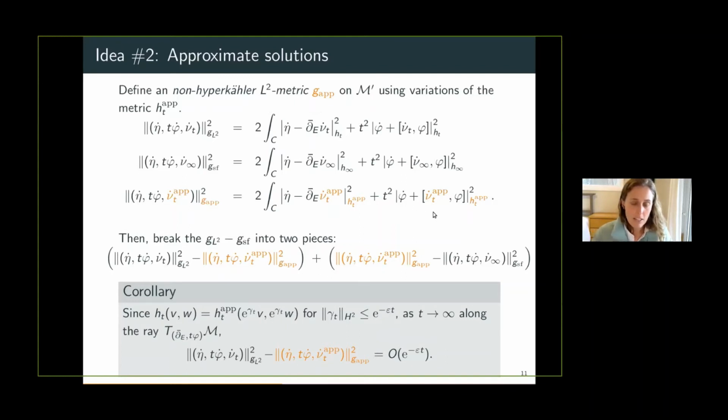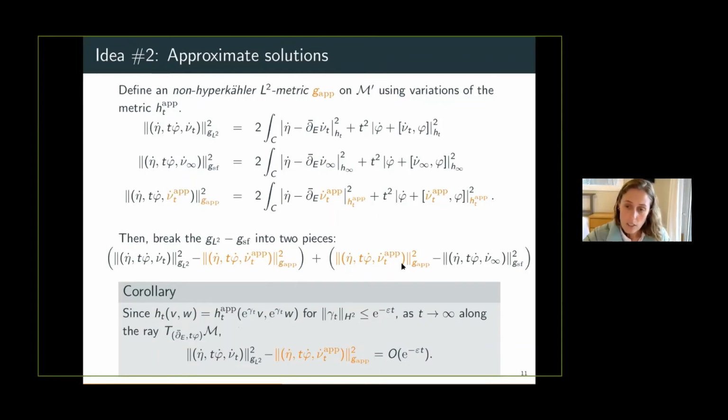And then if you want to study the difference of these two, G_L2 and G_SF, you can break it into two pieces: the L2 minus the approximate metric, and the approximate minus the semi-flat. It's a corollary that because the h_t and the h approximate are exponentially close, the error is exponentially decaying as t goes to infinity, so this first term is also exponentially decaying in t.